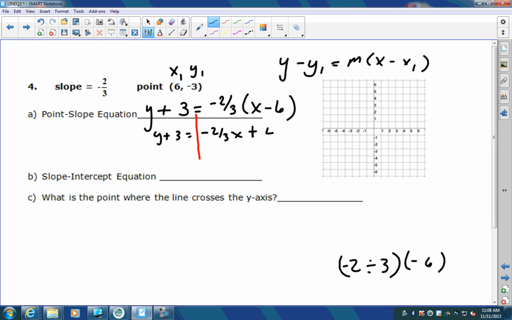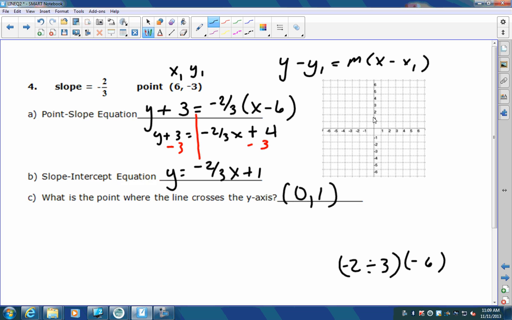Let's see, that'll be +4. Now, you just subtract 3 from each side. So your equation becomes y equals -2/3 x plus 1.